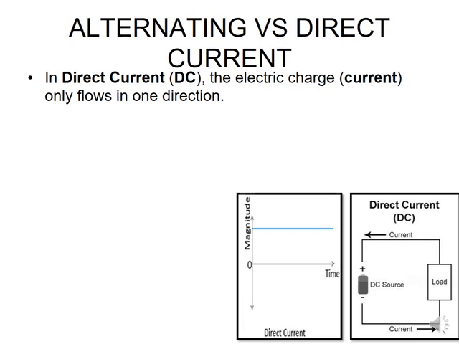It doesn't go up or down in magnitude, it stays at the same value. And then you can see on your circuit diagram that there's the DC source with the plus and minus sign, and it's represented by a battery because batteries are DC. And then you can see the load, and the current moves from the negative side, going through the load all the way back to your source again.